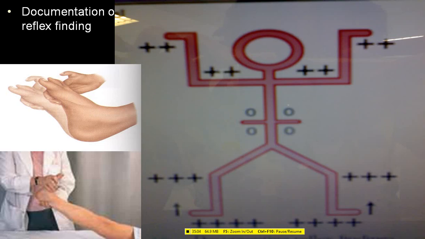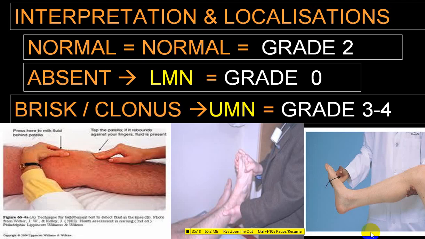And then you can interpret and put it in a diagrammatic way. This is biceps, this is supinator. You can put triceps here. This is abdominal reflex, this is knee jerk, this is ankle, and then you can put regarding plantar, extensor or flexor, depending upon that. Now the most important part, how you interpret. If reflexes are normal, we put grade 2, we call normal, and it has to be bilaterally equal.